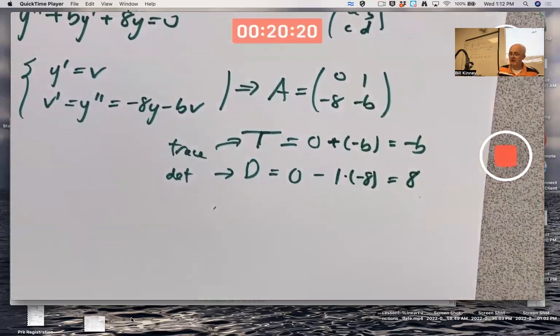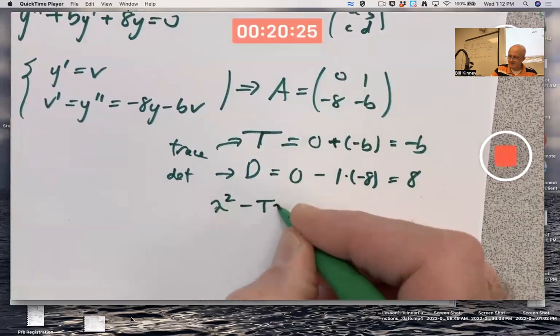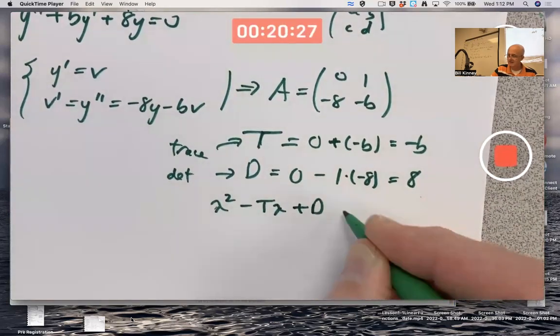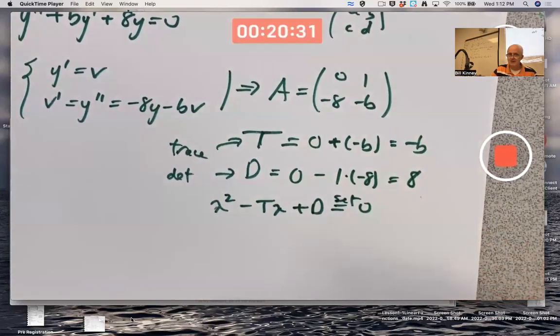The characteristic polynomial turns out to equal lambda squared minus the trace times lambda plus the determinant. Set that equal to 0 to find the eigenvalues. It's minus the trace, not plus the trace.